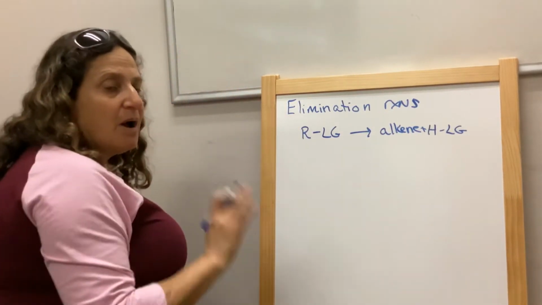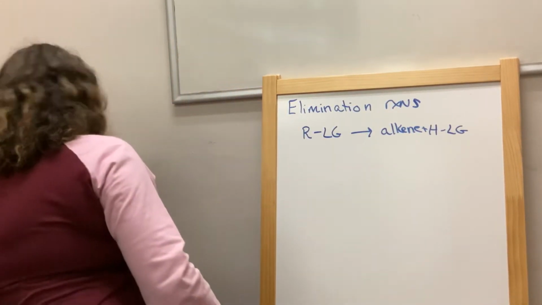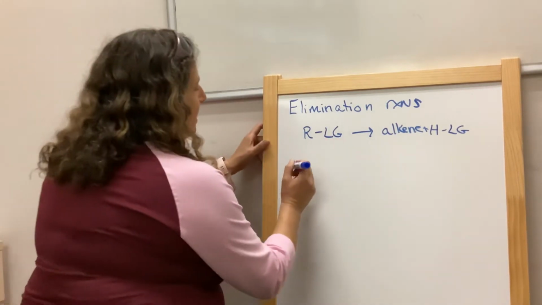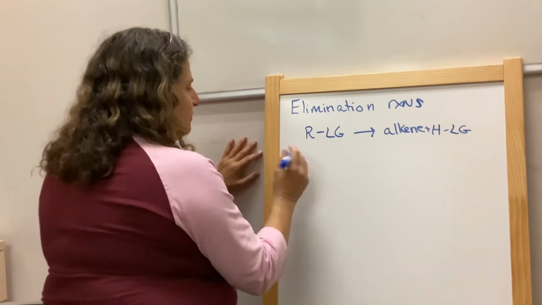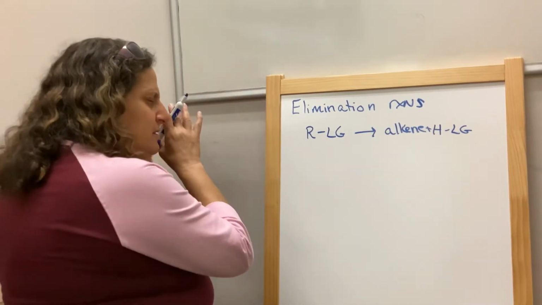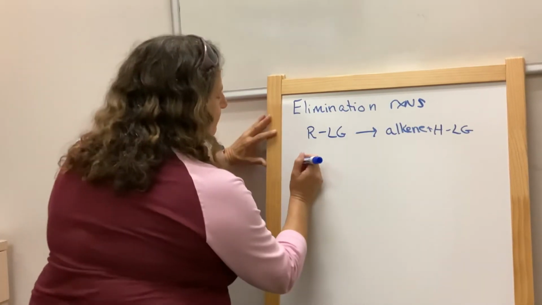So let's talk about what that looks like, and let's look at an example. I'm going to start with the E1 reaction.